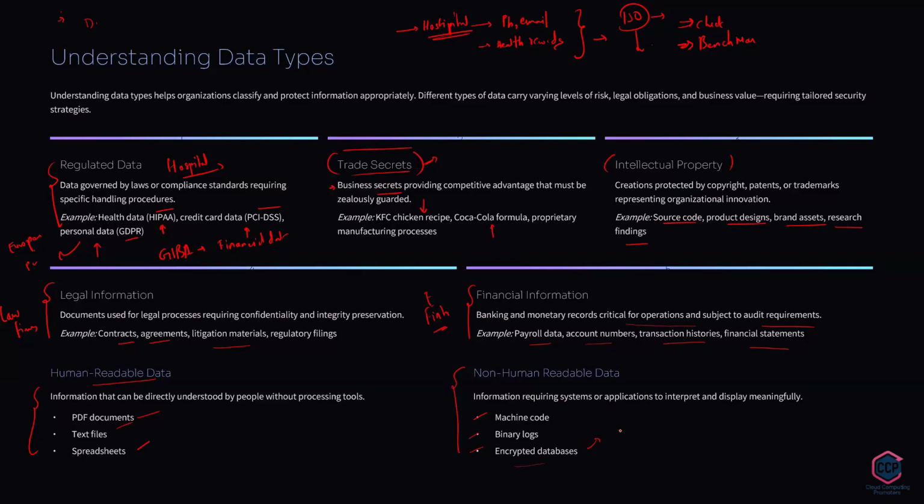But big organizations like Google and Microsoft are working on quantum computers, right? These kinds of computers can decrypt each and everything.